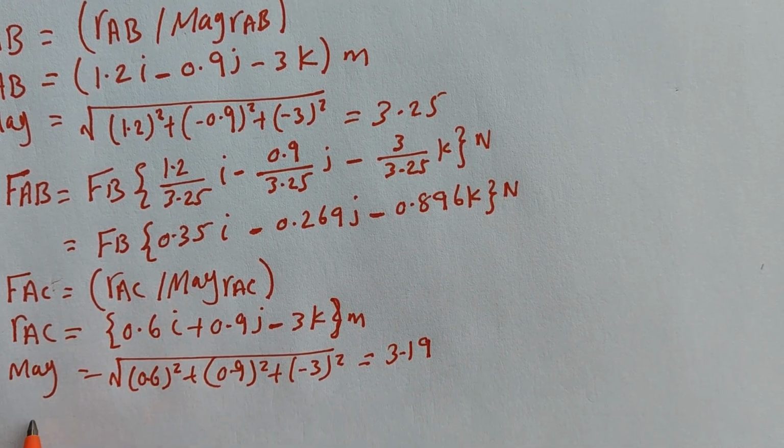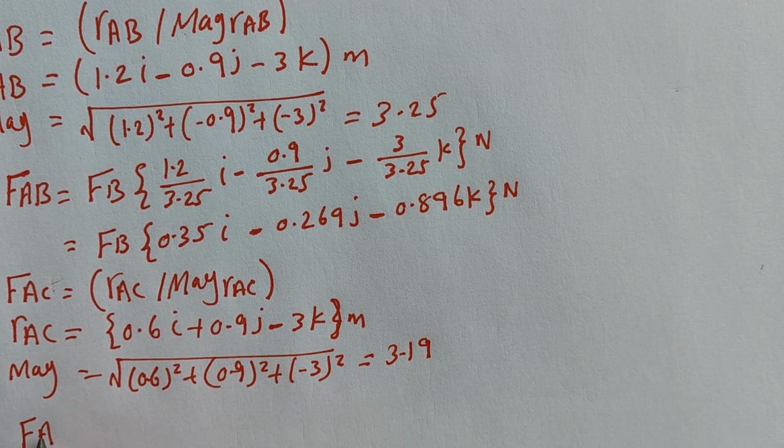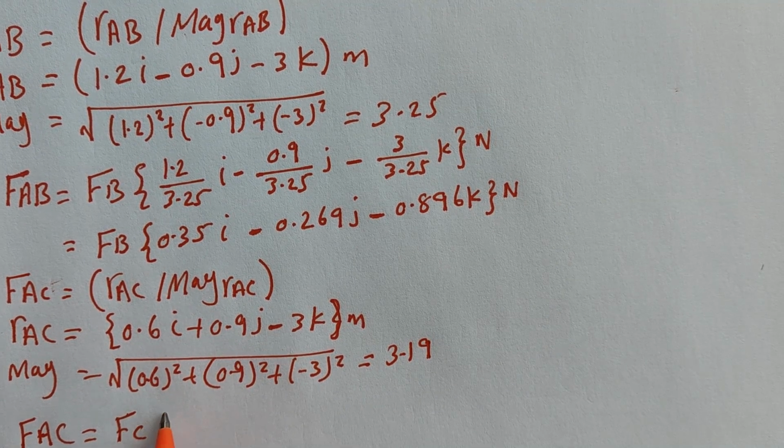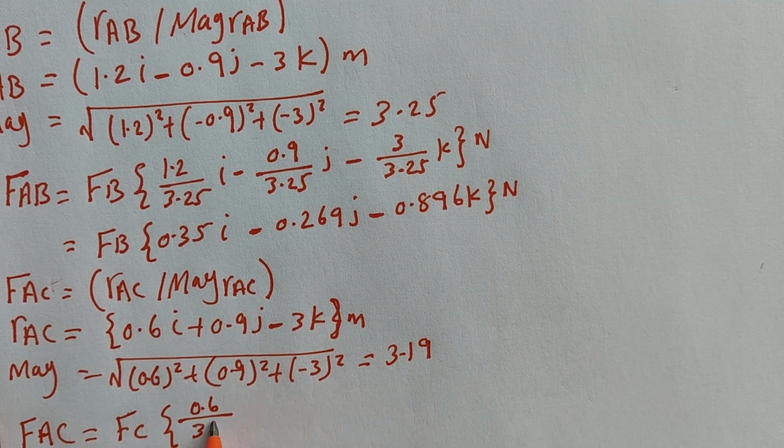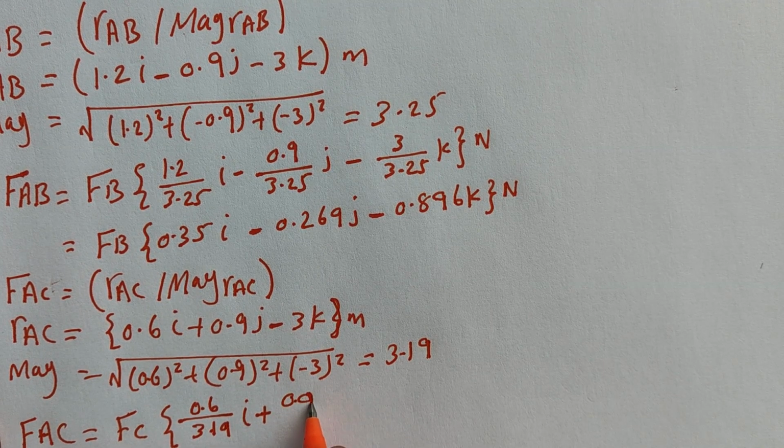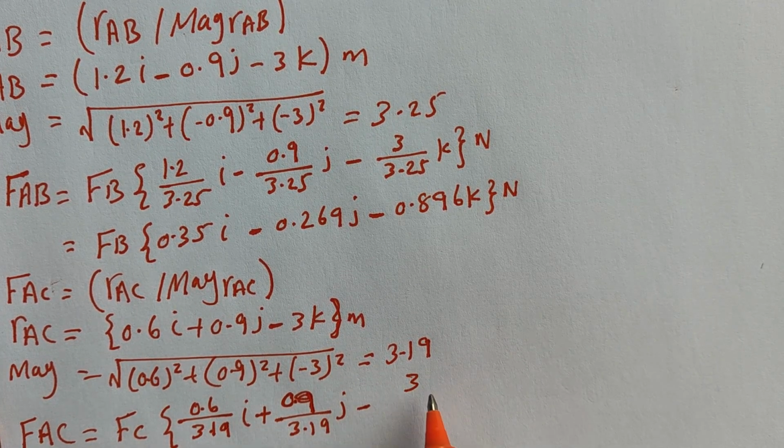So now representing the force FAC, the force in that cable, in a Cartesian form, it's FC multiplied by 0.6 divided by 3.19 i plus 0.9 divided by 3.19 j minus 3 divided by 3.19 k.